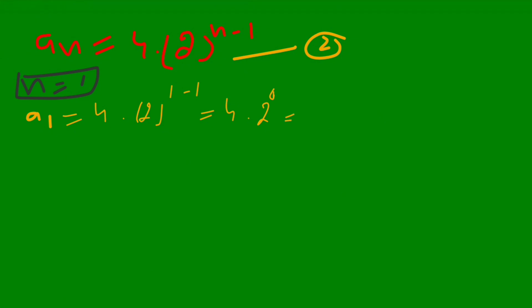The answer is 4, because this portion is equal to 1. Okay, now n is equal to 2.